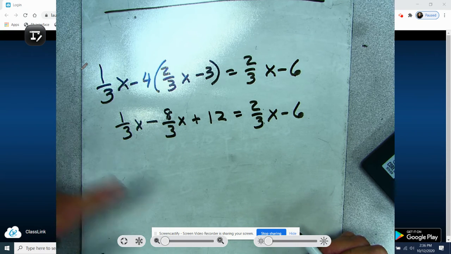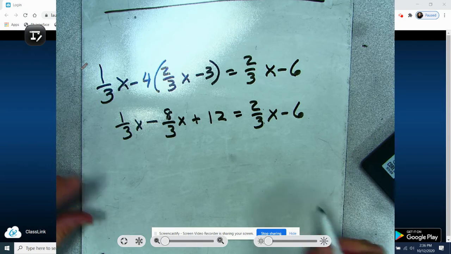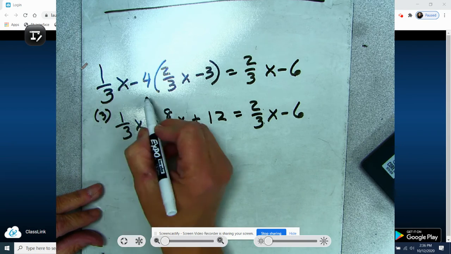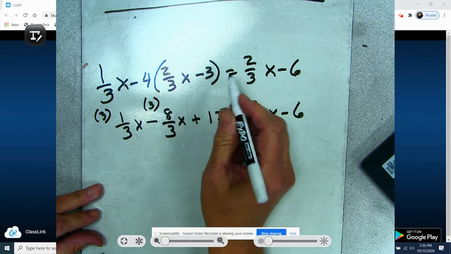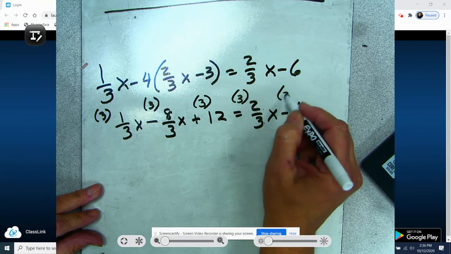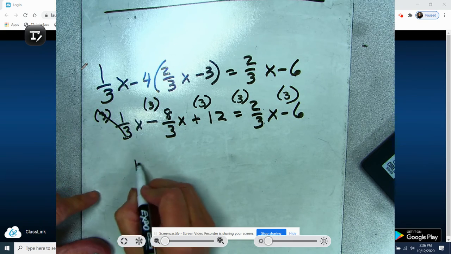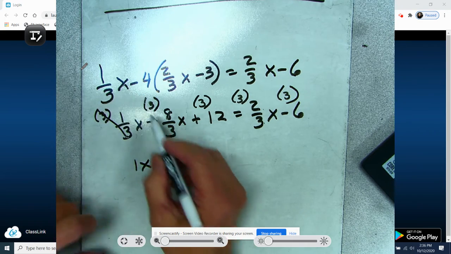Okay, again, we're going to multiply through by 3. These 3's cancel. I have 1x. These 3's cancel.